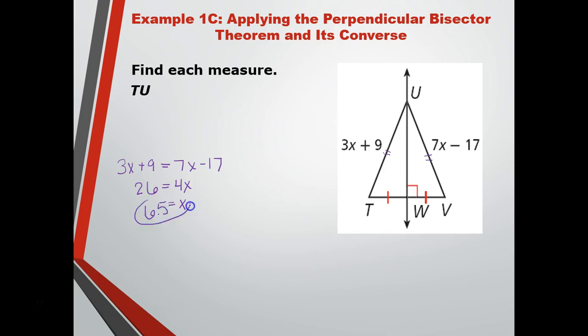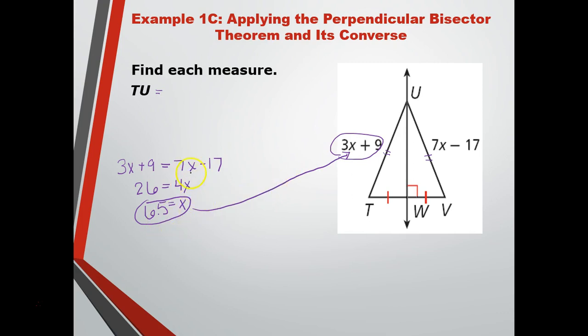Well, we found what x is equal to, but we're asked what is the measurement of TU. And here's what the measurement of TU is. It's this right here, but we have to plug x back in here.